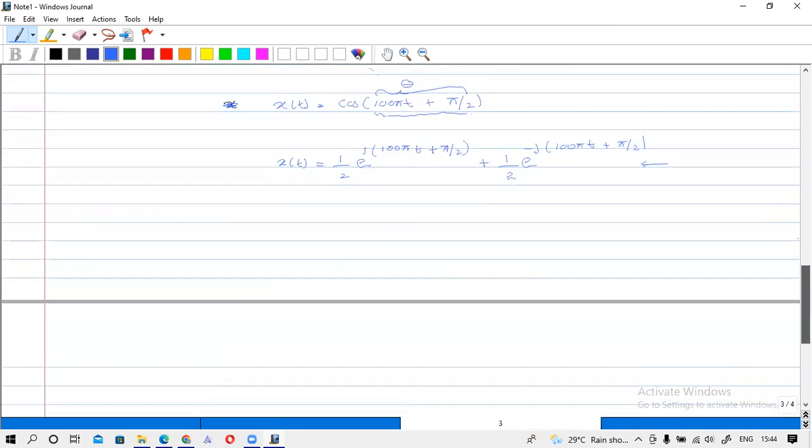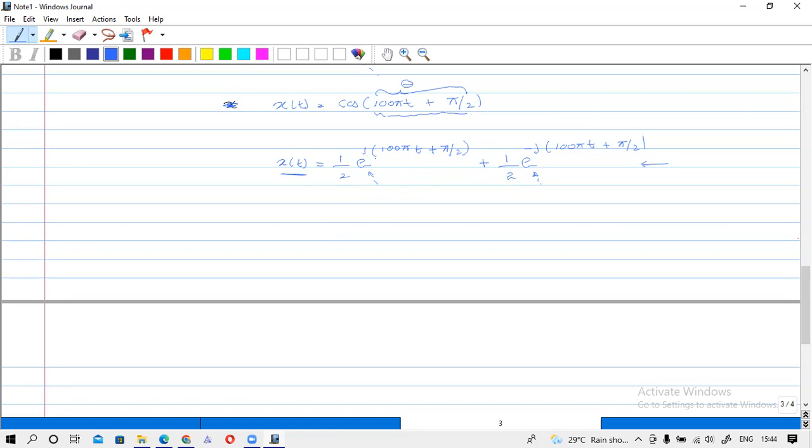Now we are going to do some changes. We have already written this x(t) as complex exponential terms, but we can further simplify this.